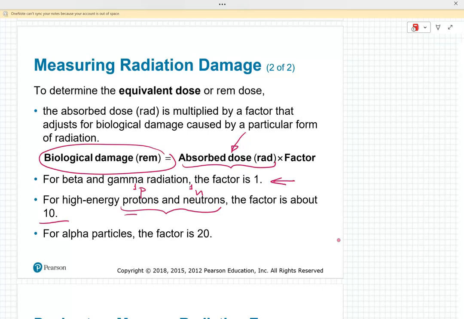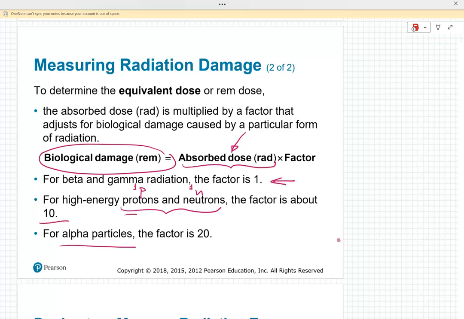The best illustration is alpha particles. Imagine that tea in that mug emits alpha particles. Are you with me? If I spill that tea on my skin, I'm going to be okay. But if I drink this tea, I'm not going to be okay.